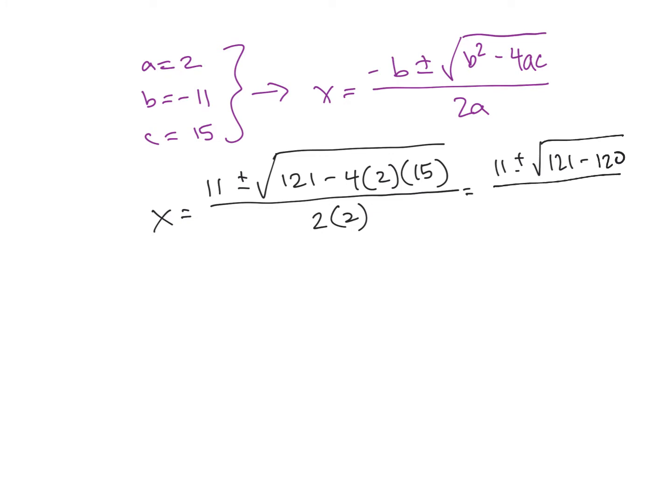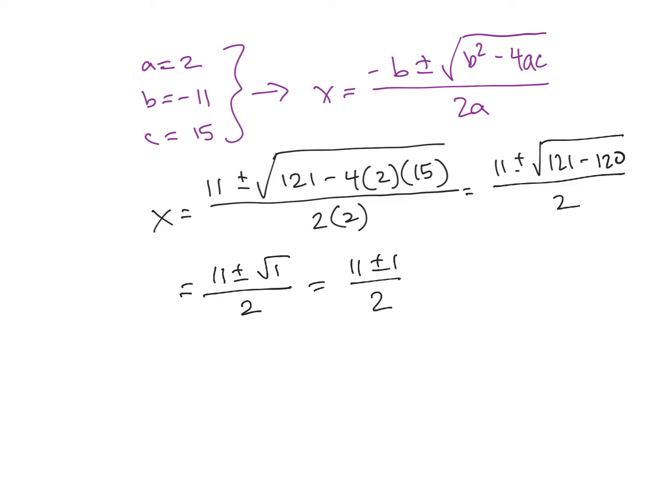Boy, that's going to work out really nicely. Divided by 2 times 2 is 4. So that is 11 plus or minus the square root of 1. Do not forget that 1 is actually also a perfect square. So the square root of 1 is 1 itself. 11 plus or minus 1 divided by 2.